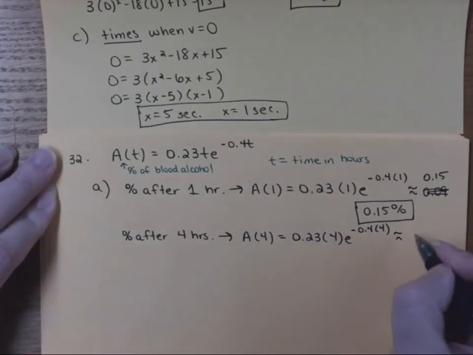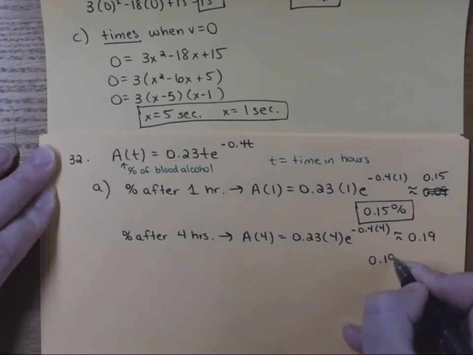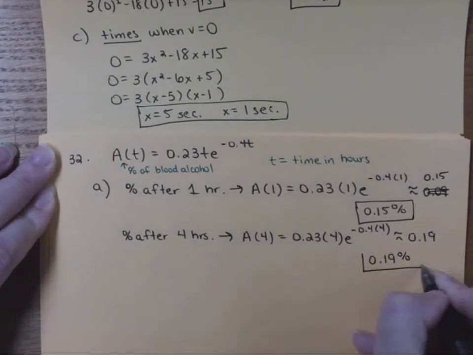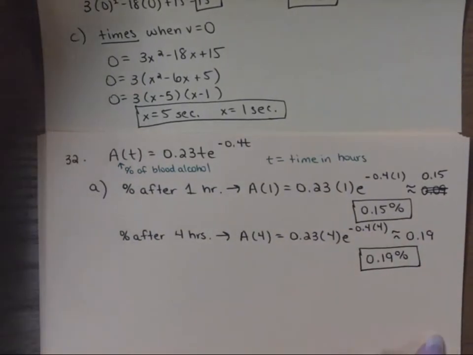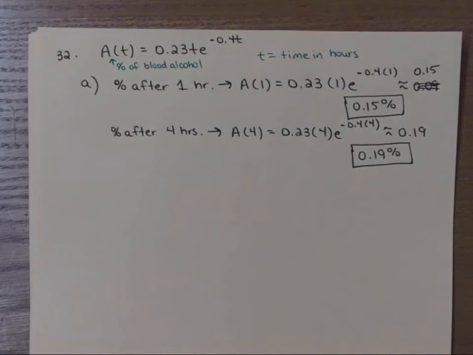So notice after 4 hours we get 0.19. So our blood alcohol level is actually higher 4 hours later. Kind of surprising if you asked me. That's just because 8 ounces of whiskey is a lot of whiskey to drink, and whiskey's pretty stout.